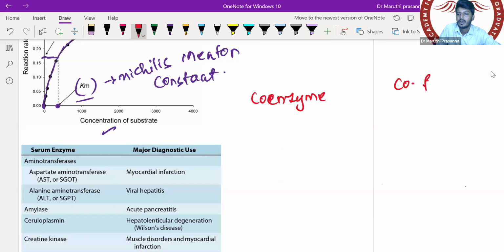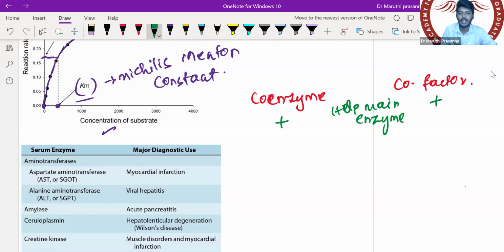cofactor. What is a coenzyme? What is a cofactor? Coenzyme and cofactor, both of them help the main enzyme, whatever the main enzyme is. But coenzymes are made out of organic substances, such as vitamins.